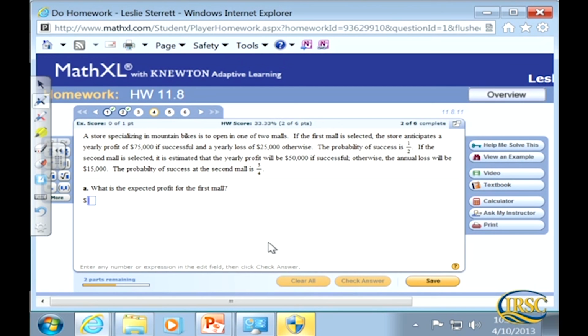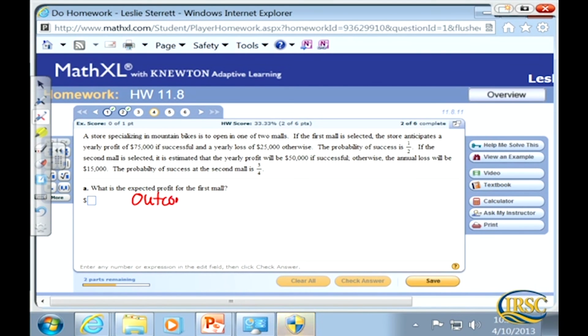All right, so for the first one, again, we have outcome, gain or loss, probability. Okay, so you go to the first mall, you open a store in the first mall, and what's the possible thing that could happen?